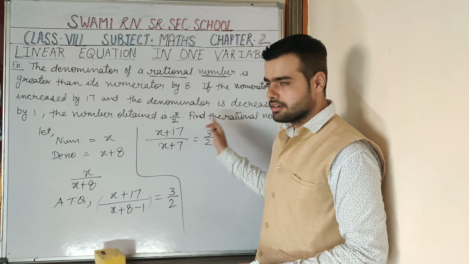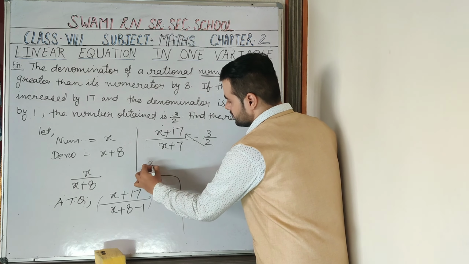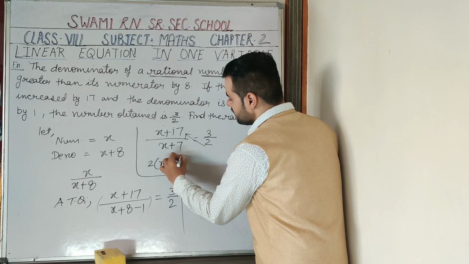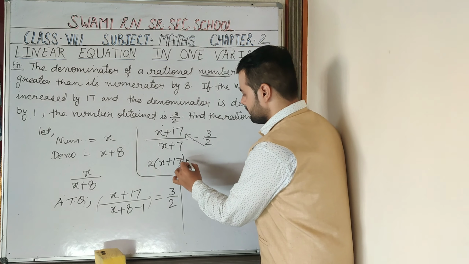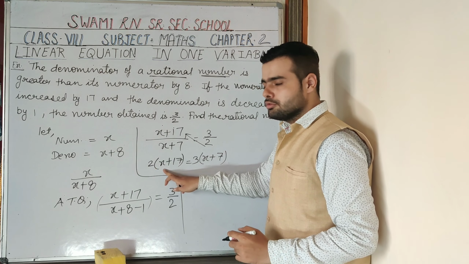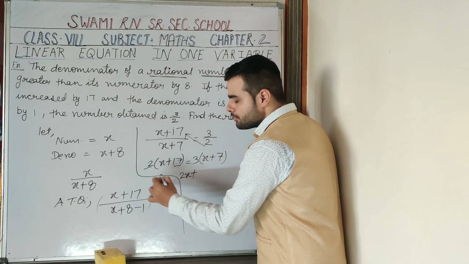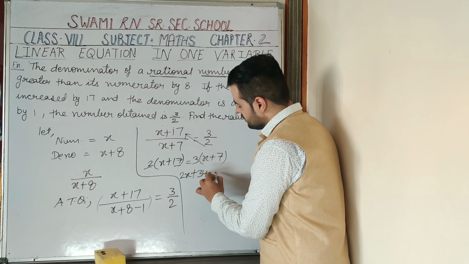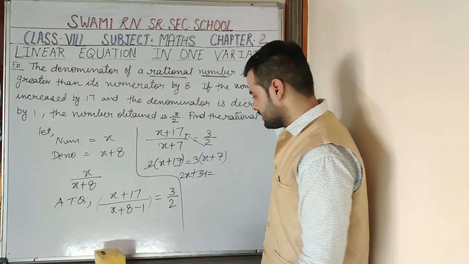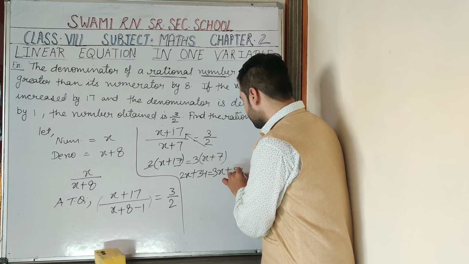Now we will do the cross multiplication. 2 is multiplied by x plus 17 and 3 is multiplied by x plus 7. 2 multiplied by x is 2x, 2 times 17 is 34, 3 multiplied by x is 3x, 3 times 7 is 21.